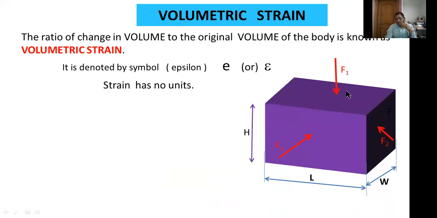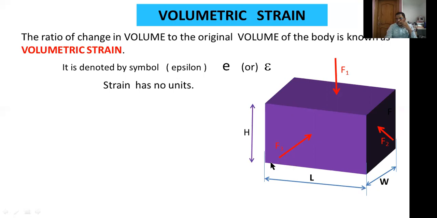This is the shape of the component. Here you have to consider a three-dimensional object. Okay, if you want to find the value of volumetric strain, you have to consider a three-dimensional object only. For three-dimensional objects, you have to consider volume. So that's why for volumetric strain, you have to consider three dimensions: length, height, and width.